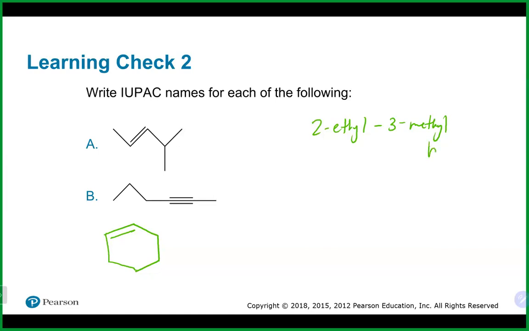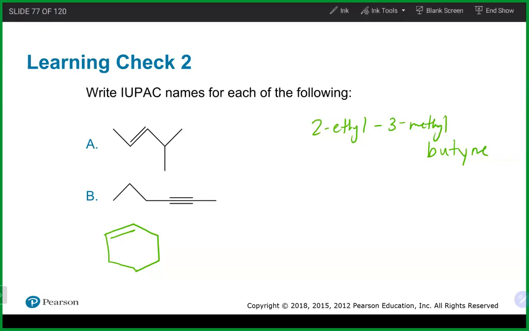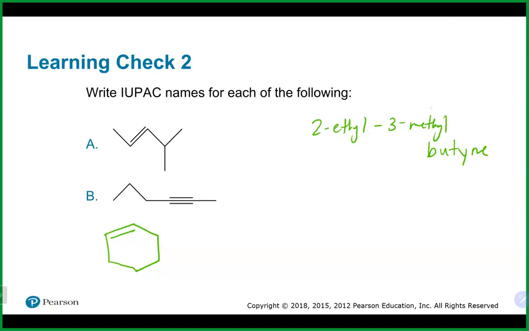Actually, we'll do butyne. Actually, now let's do, we'll do 1-butyne. There we go. So why don't you draw that, and why don't you draw cyclopropene.